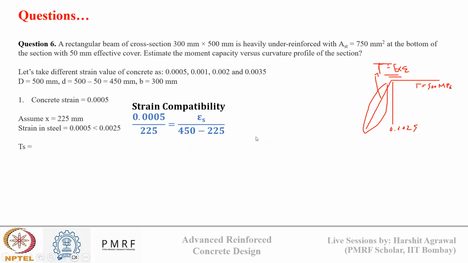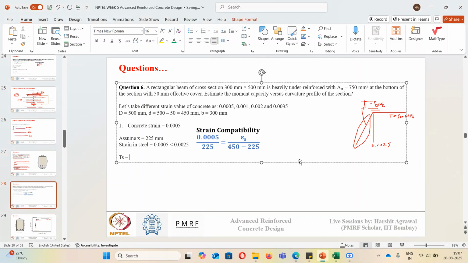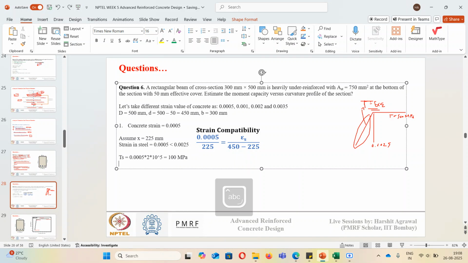So Ts, the tensile strength of steel, I will write as the 0.0005 strain times the modulus of elasticity, that is 2 into 10 to the power 5. This value will come out to be 100 MPa. Now the tensile force we can calculate. Tensile force is nothing but strength times the area.